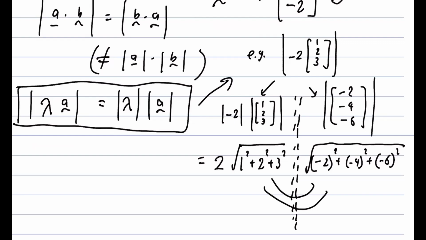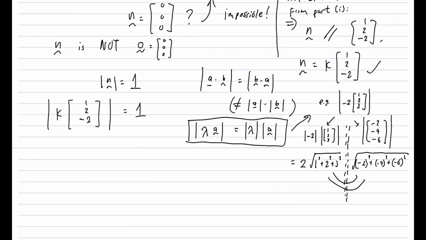Okay, this is just one example to convince you that yes, this rule does work. You multiply lambda into A first, then you take modulus. It's the same as you factor out the scalar, like the negative 2 here. But make sure that you must have modulus around the negative 2, so it becomes a positive. Ken, are we clear on that?